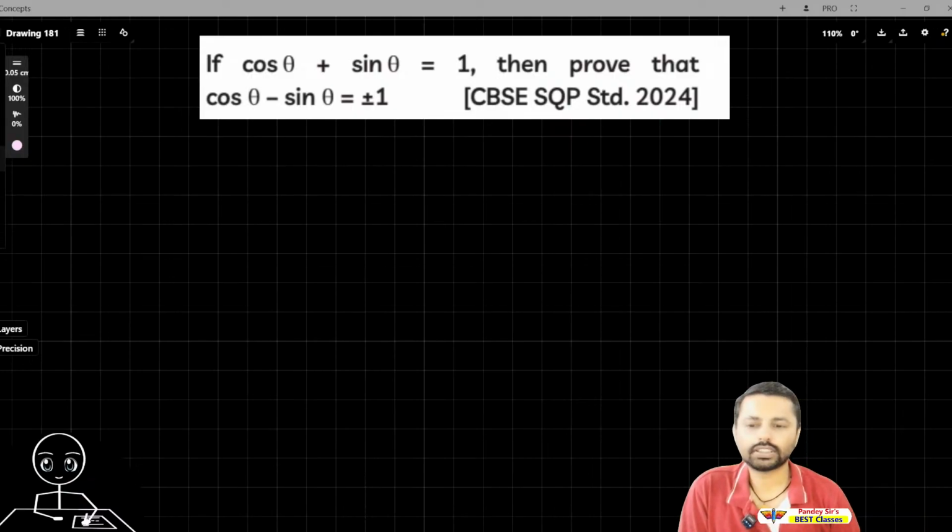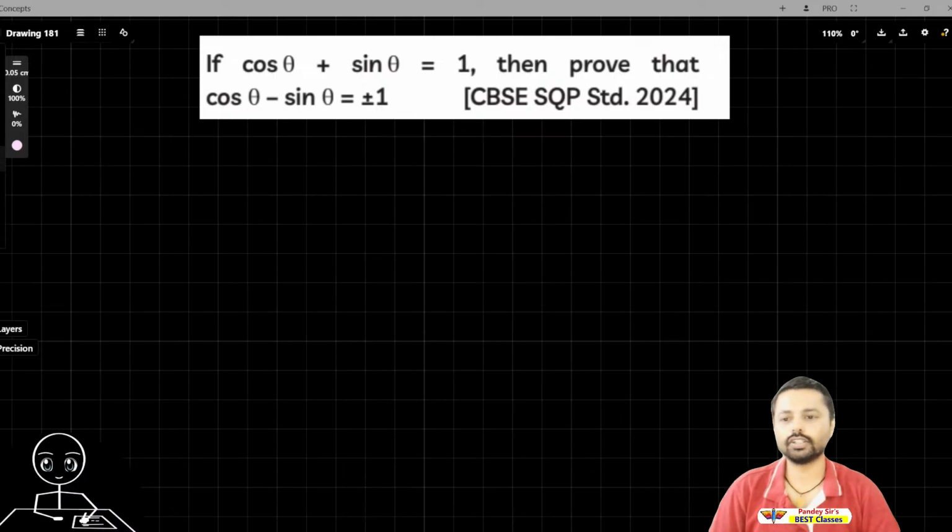Cos theta plus sin theta equals 1, they have given, and we have to prove cos theta minus sin theta equals plus or minus 1.